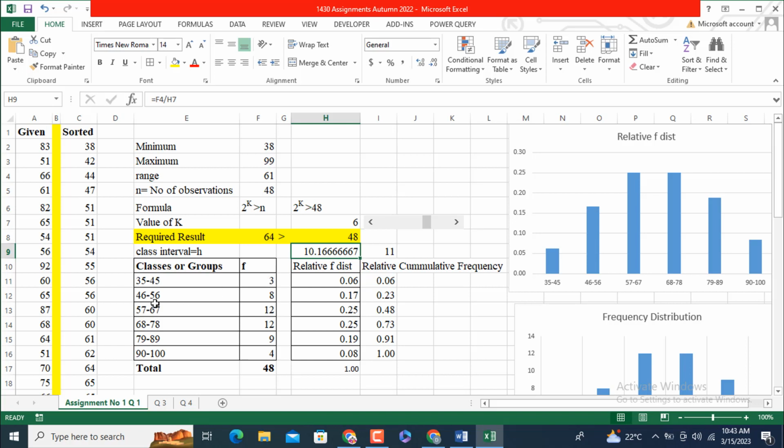Now move to the second group, which is 46 to 56. So 47, 51, 51, 51, 54, 55 and 56.